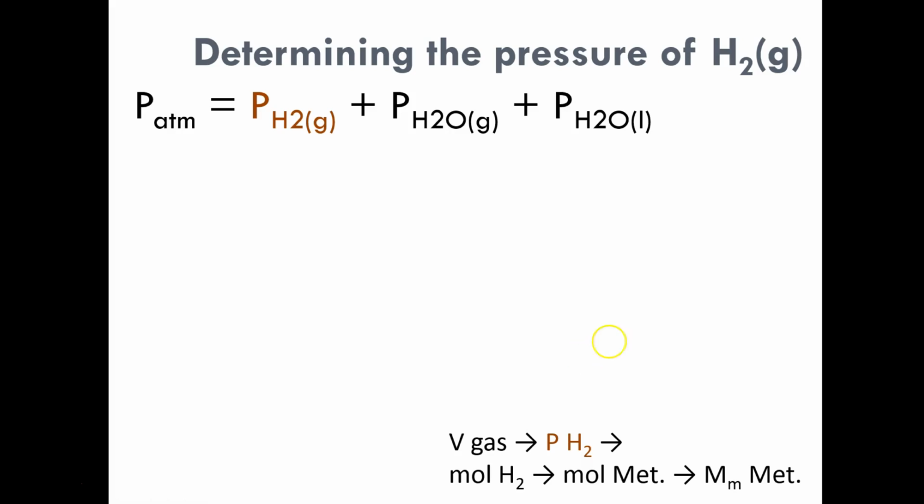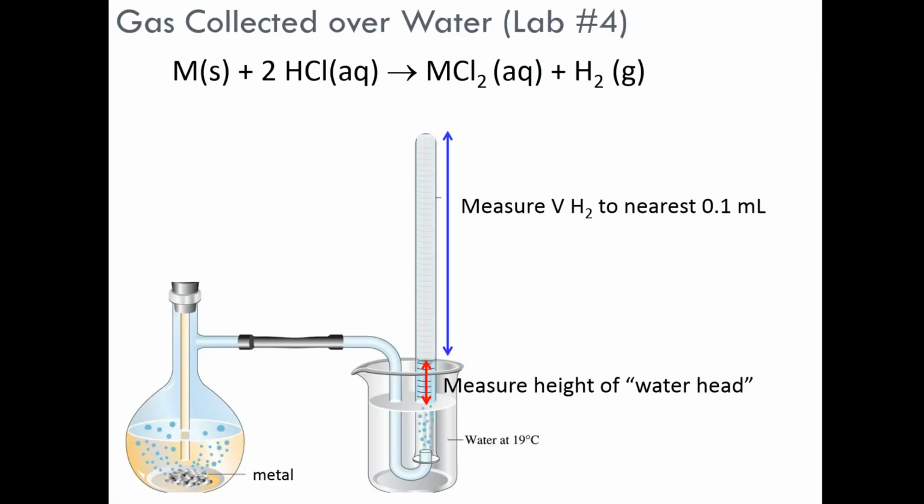Another component of that pressure is water. The reason is that we are bubbling hydrogen gas through water. As the hydrogen gas bubbles up through the water in this test tube, some of the water too is going to vaporize and turn into water vapor. So what you actually get in this bubble is not pure hydrogen gas.